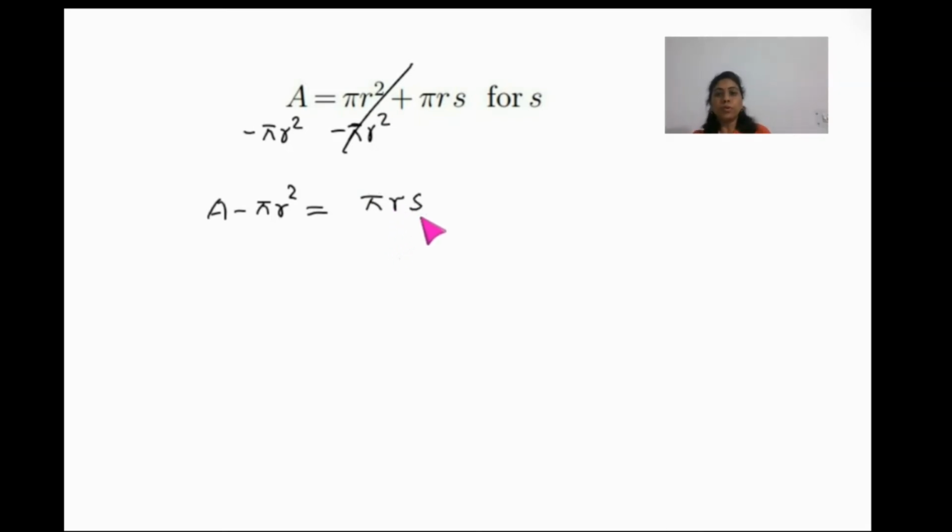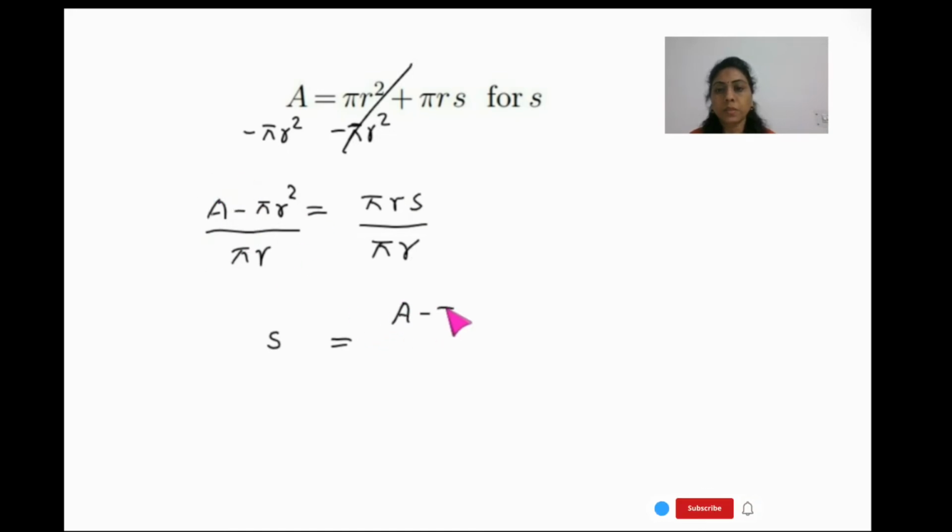And how to solve for s here? Divide both sides by pi r. The pi r cancels, so s = A minus pi r squared upon pi r. This is our answer. We solved for s.